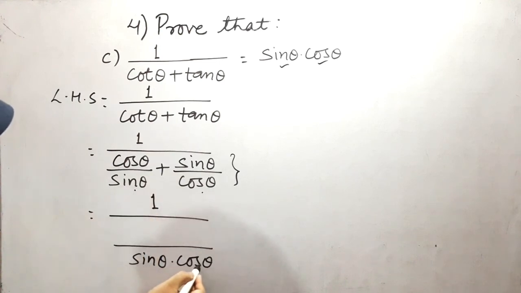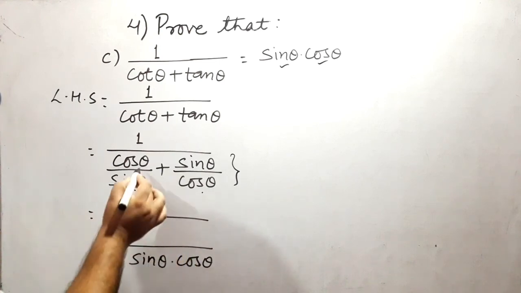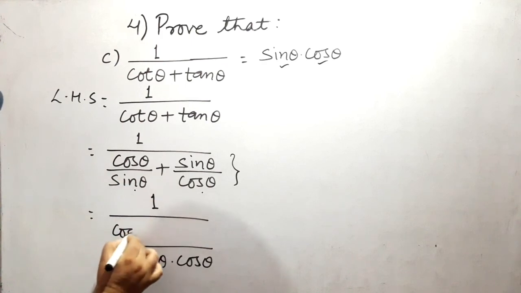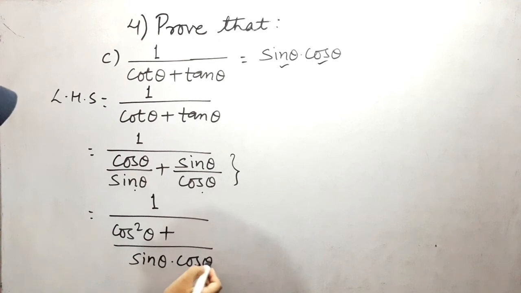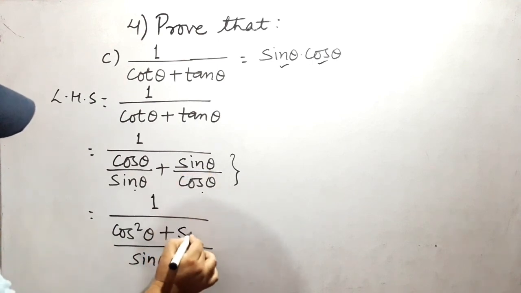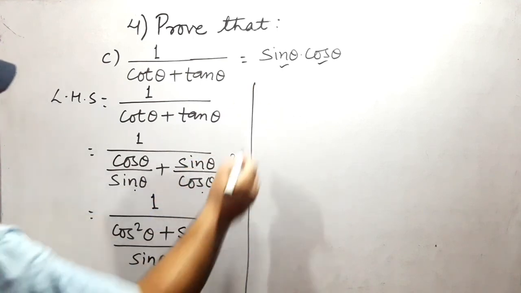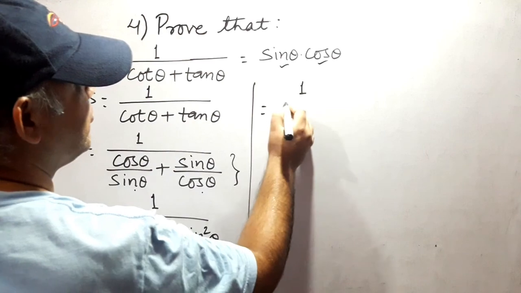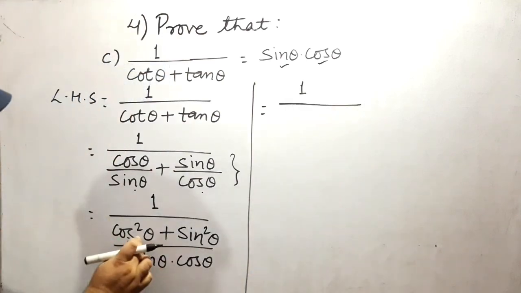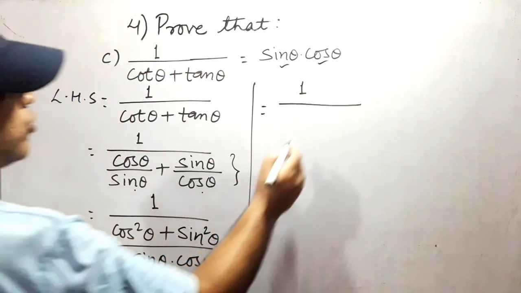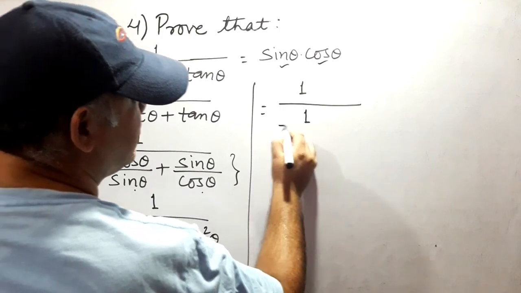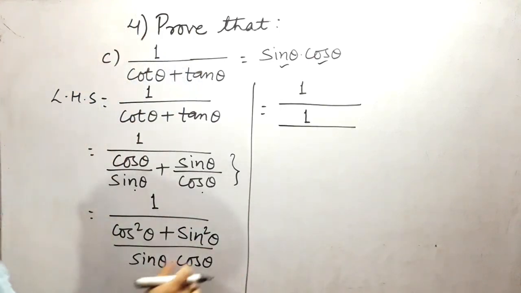We have the remaining term cos theta into cos theta, we have cos square theta plus, cos theta and cos theta cancel. We have the remaining term sin theta. Sin theta into sin theta, we have sin square theta. Equals 1 by cos square theta plus sin square theta is equal to 1 by, we have sin theta into cos theta.